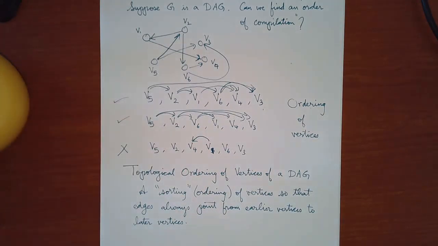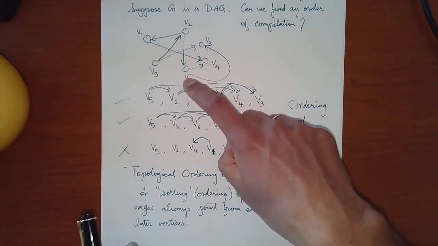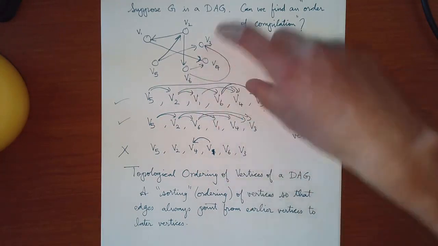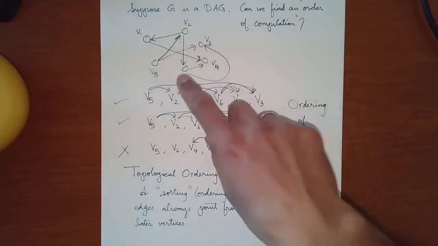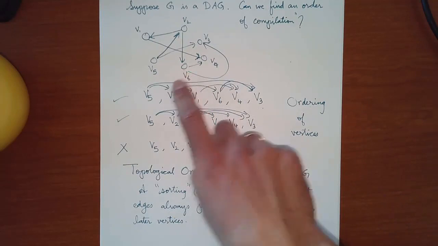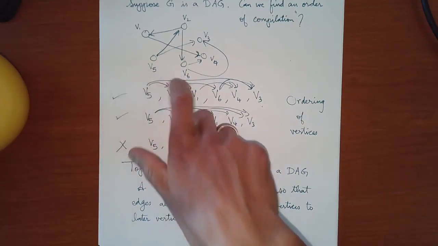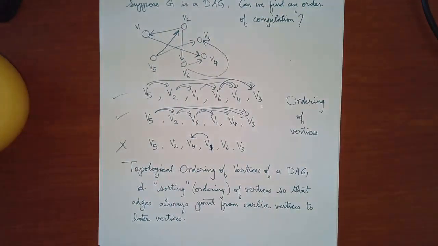No, your problem in that case is that V3 also depends on V6, right? V3 depends on two things. It depends on V5, and it also depends on V6. So you have to do both of them first before you can get to V3. In your example, you're doing V3 before you did V6, and therefore it's not a valid topological ordering.